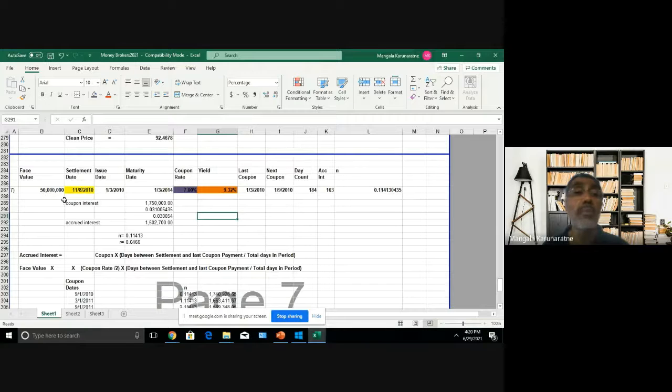So the coupon will be 50 million into 7% divided by 2, because it is half-yearly. So it will be 1,750,000. The coupon rate is for 1 year, so you will be receiving only half of it for 6 months.